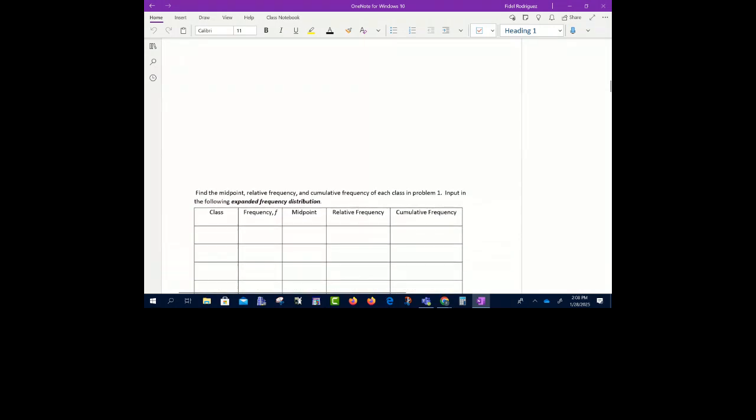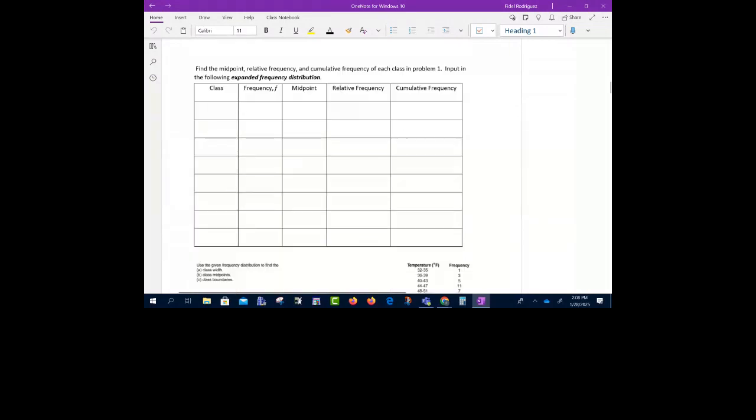So let me scroll down. I'm sorry, guys, about the way the notes came out. I was going through an actual paper copy of my notes before I came to class, and I was like, wow, man, the spacing got really thrown off. Okay, so here it says, find the midpoint, relative frequency, cumulative frequency of each class in problem number 1, and then input the following expanded frequency in the distribution.